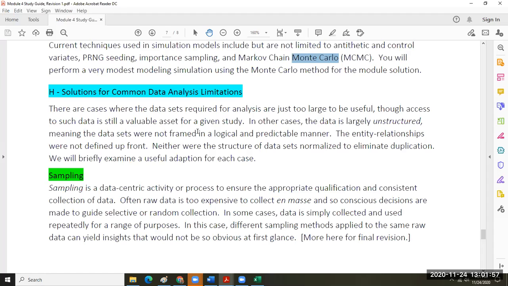When you have huge data sets, one of the biggest problems is that a lot of times you're working with a computer system that can't process all of that gargantuan data, right? So one of the methods to cope with modeling and simulations, one of the limitations of data analysis, is that even though you want to work with very large data sets, sometimes it's not practical to work with very large data sets.